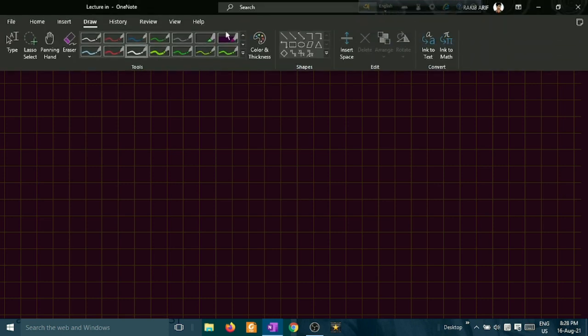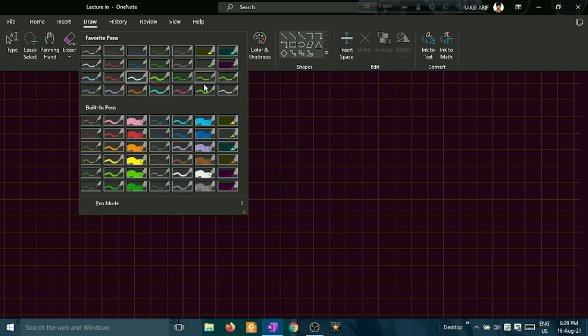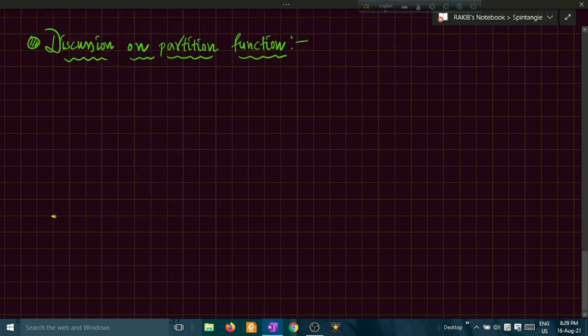Before moving to the descriptive behavior of the partition function, I am making a model, and you are allowed to make this model if you want. Say this is the energy level E1. In this energy level you have N1 systems. Say this is the energy level E2.